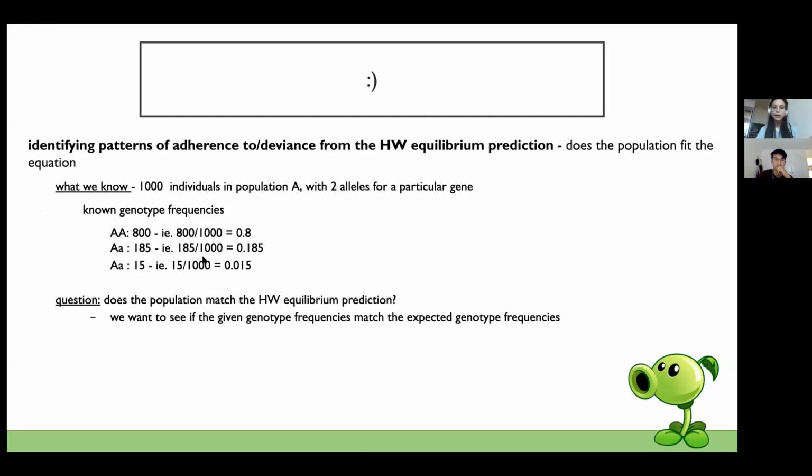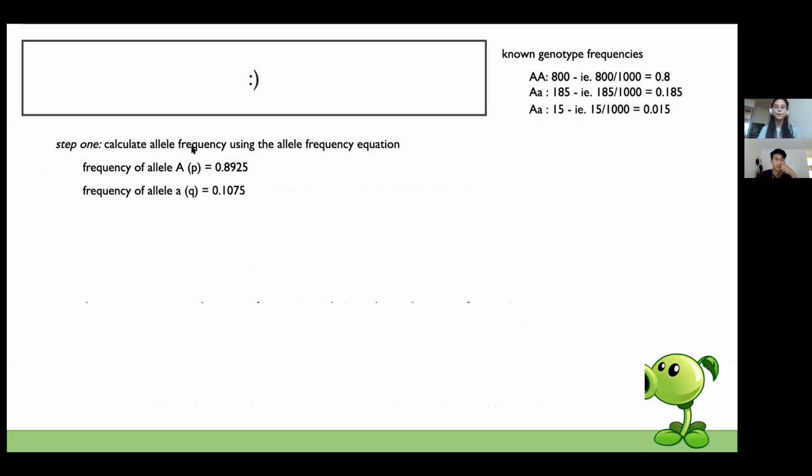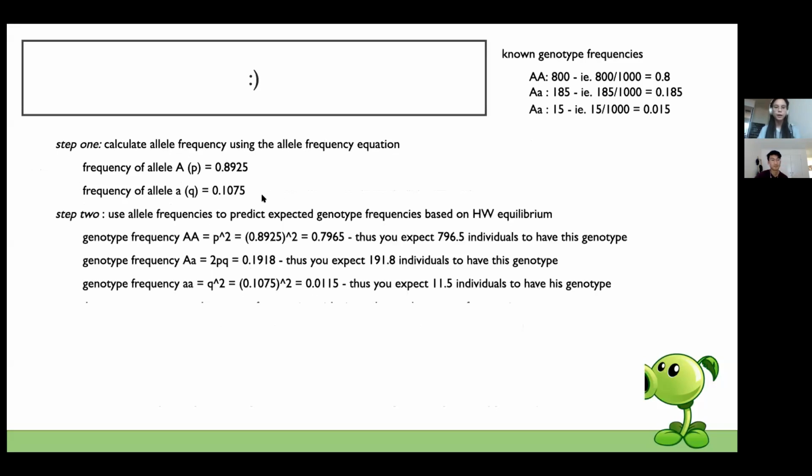How would you do that? Well, firstly, you would have to calculate what the expected genotype frequency is, right? But to do that, you need to calculate the allele frequency. So you calculate the allele frequency using the allele frequency equation that we went through earlier. From there, you would use those allele frequencies to calculate expected genotype frequencies using the Hardy-Weinberg equilibrium equation.